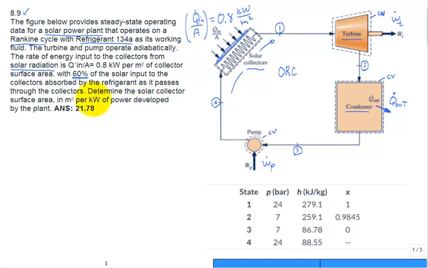It says, determine the solar collector surface area in units of meters squared per kilowatt of power developed by the plant. So this plant has some W dot net out of the plant, and let's say you want that to be 10 kilowatts.